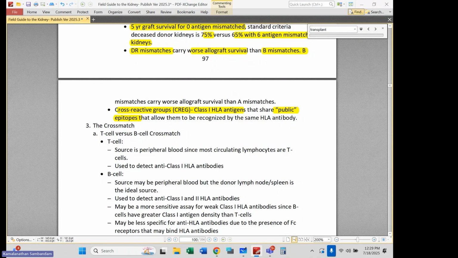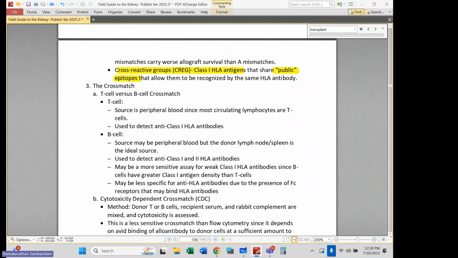And that's why, again, a prospective recipient who has only a few HLA antibodies translates into an incompatibility with a wide swath of prospective donors. Again, you may only produce a few alloantibodies, but if those alloantibodies are directed to public epitopes, you become incompatible with like 70% of the donors. Okay? That is a problem.